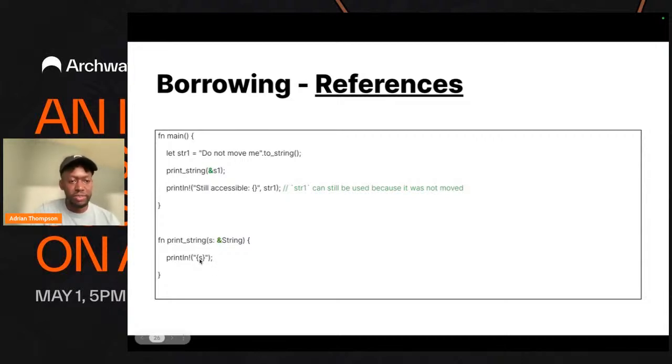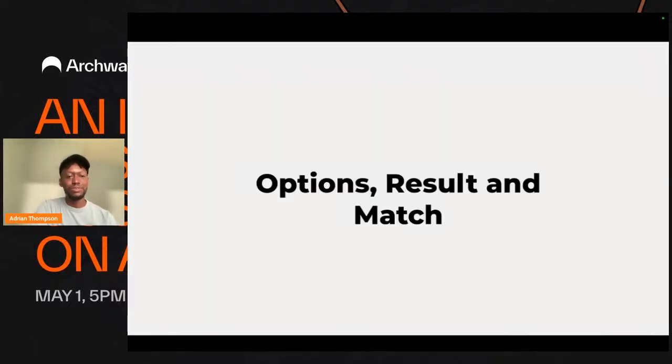You print out the exact value, but you've not taken ownership of the value that was owned by string 1. You just have a reference to that value. Because string 1 still has ownership of the value "do not move me", you're able to print the string 1 variable. So this borrowing concept is very important to understand within Rust.